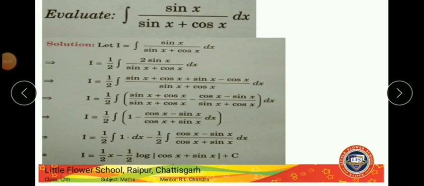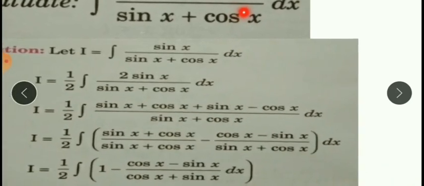Evaluate integration sin x upon sin x plus cos x. Let I is equal to integration sin x upon sin x plus cos x. To change into integrable form, multiply numerator and denominator by 2. This equation becomes I is equal to 1 upon 2 integration 2 sin x dx upon sin x plus cos x.